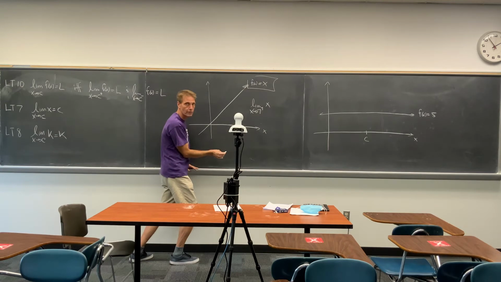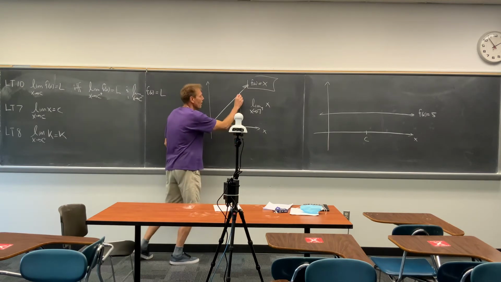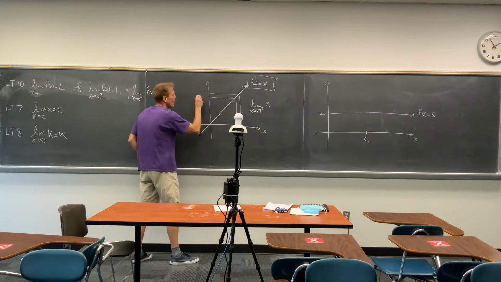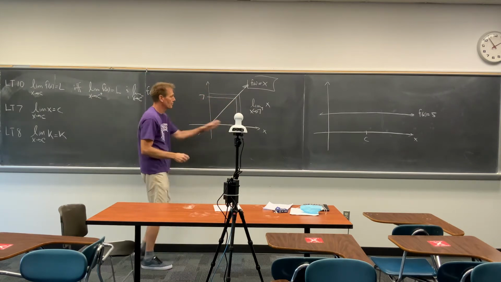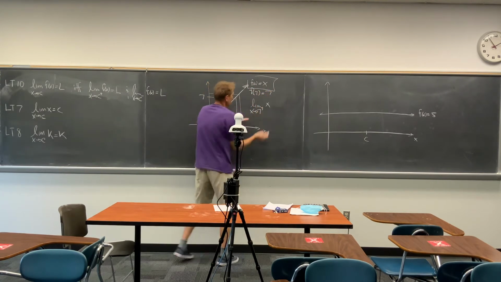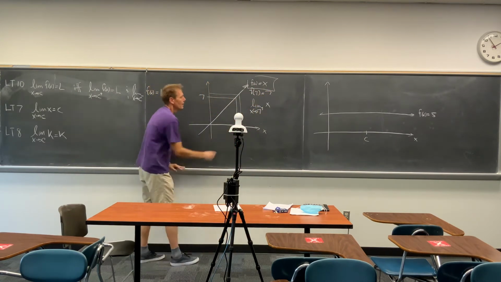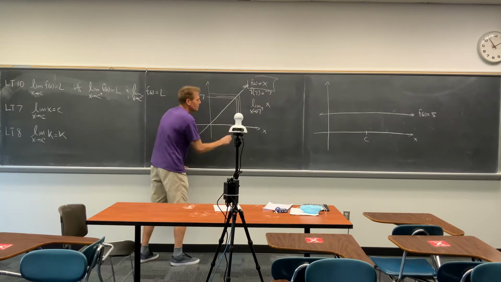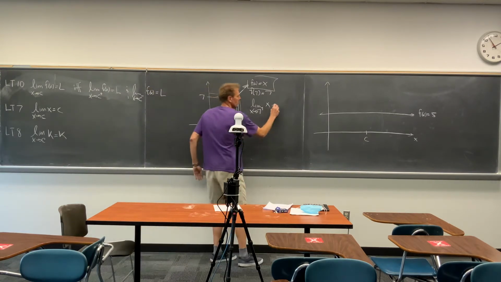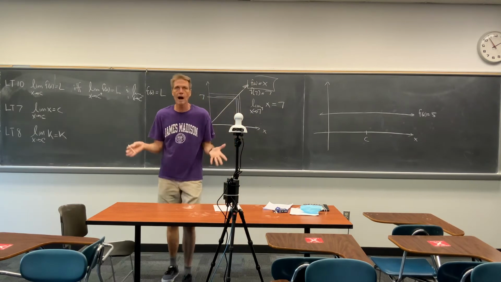Great, you come up, you go over. If I come up over here, that number is 7, because when you plug 7 into your function, you get 7 out. And we can see that the limit as x approaches 7 from the right is 7, by doing what we were doing graphically.